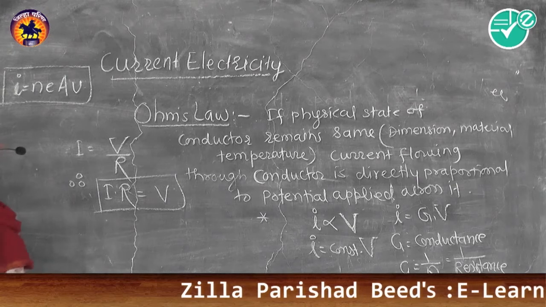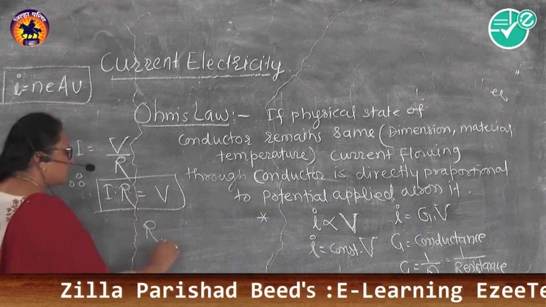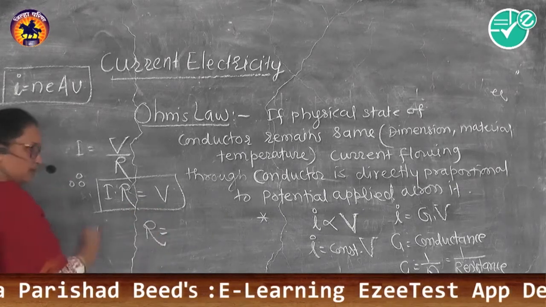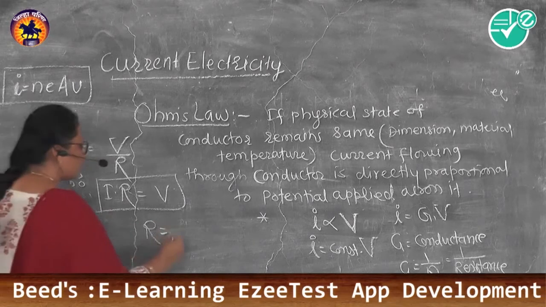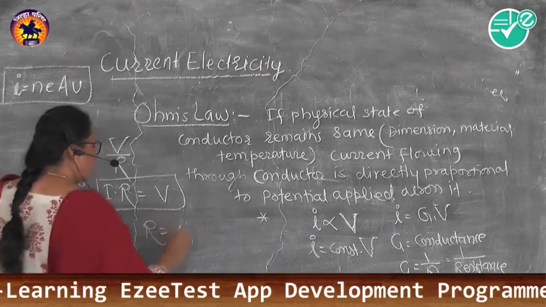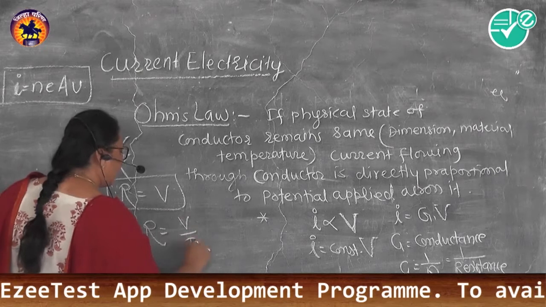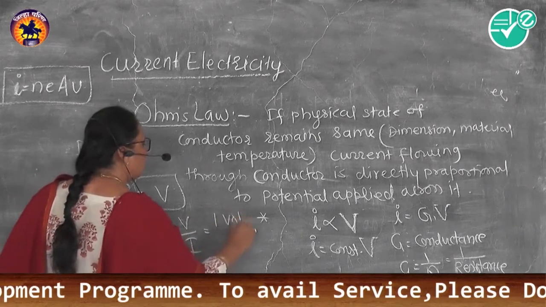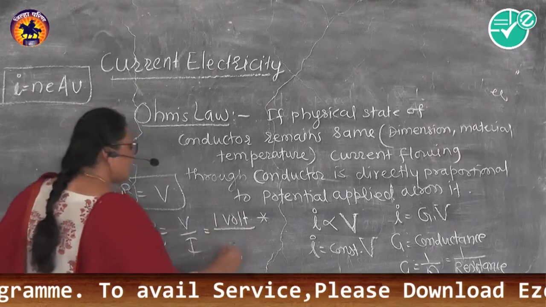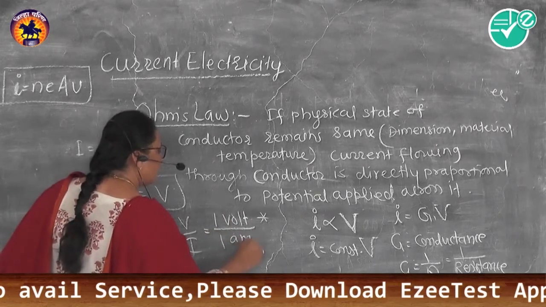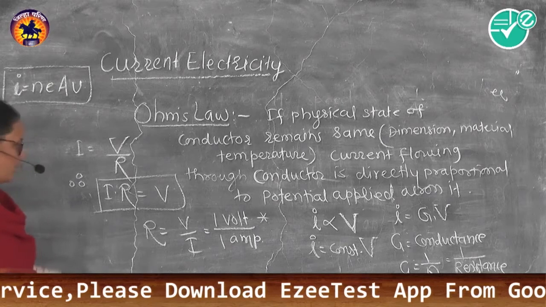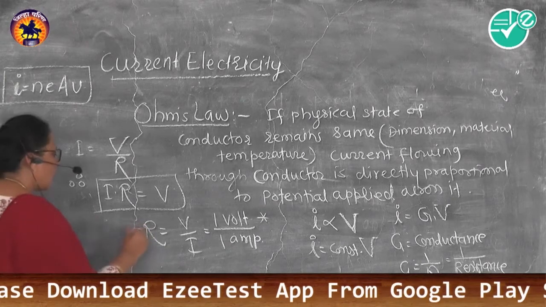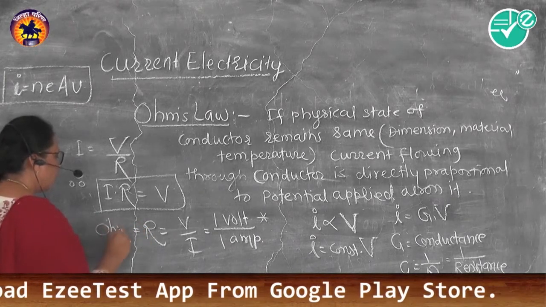From this relation we can define the unit of resistance, that is ohm. R is equal to V by I. Here V is always measured in volt and current is measured in ampere. So volt upon ampere is nothing but resistance R, that is ohm.